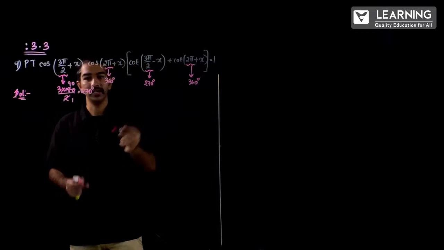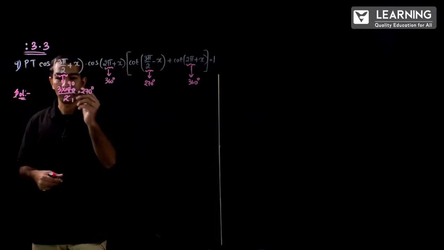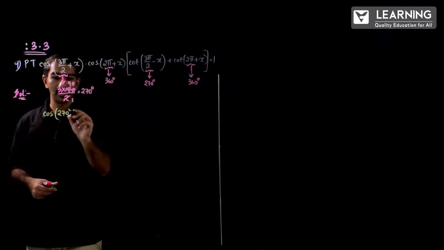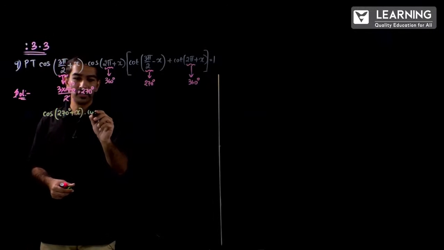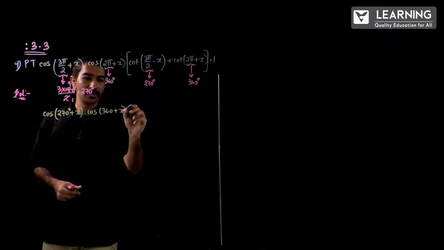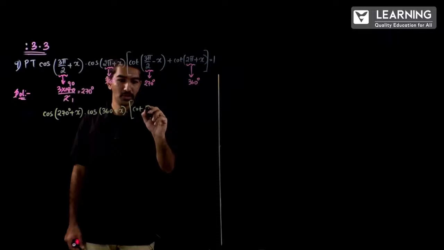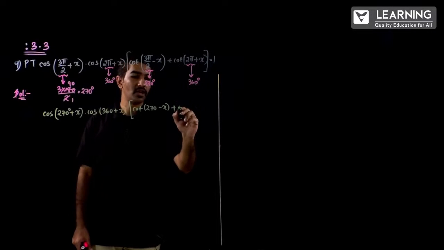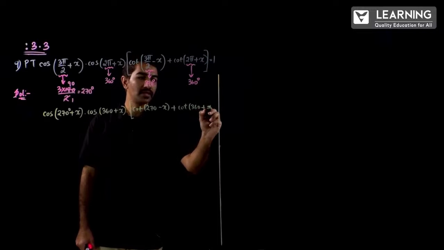Now we'll rewrite the question, this time with the help of degrees, not radians. So we write: cos(270 plus x) times cos(360 plus x) times cot(270 minus x) plus cot(360 plus x).